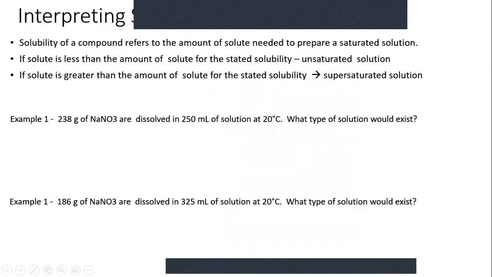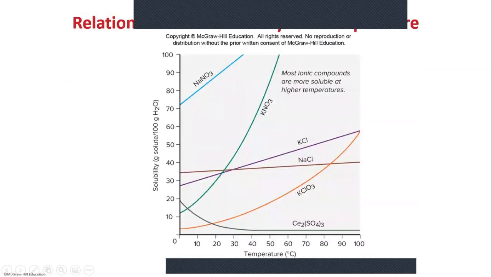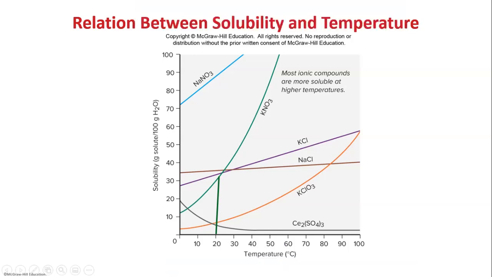So if we go back to our previous slide, at 20 degrees Celsius, if we were to draw a straight line for potassium nitrate, and then draw a line from there to approximate, you see that the saturated solution for potassium nitrate is roughly 32 to 35 grams of solute.